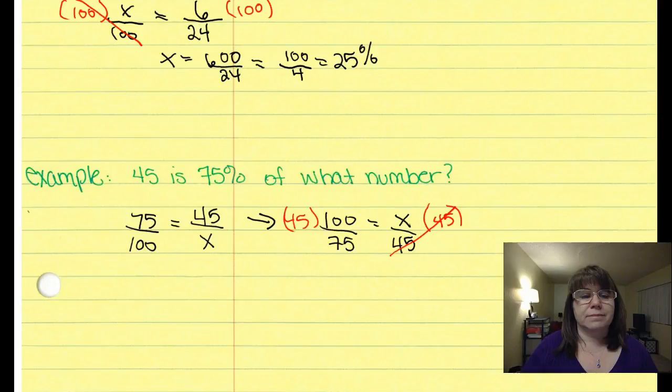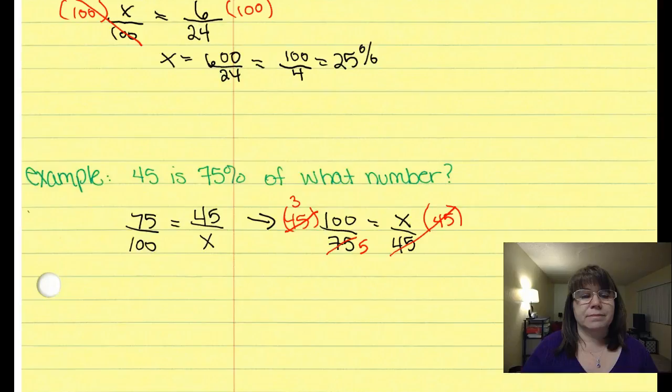Okay. 45s go away. I'm going to do some reducing right now, just because I see it. I do know that 15 goes into 45 three times, and 15 goes into 75 five times.